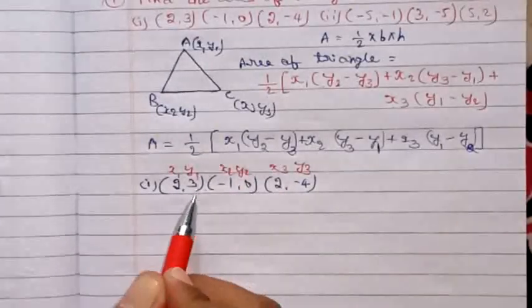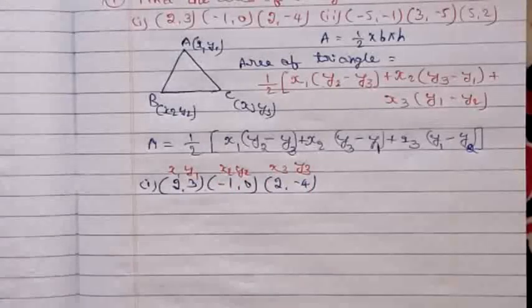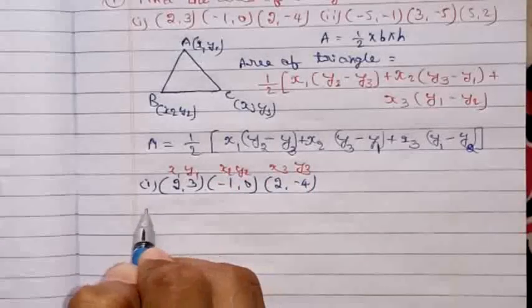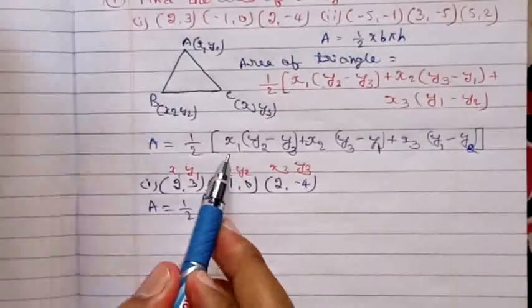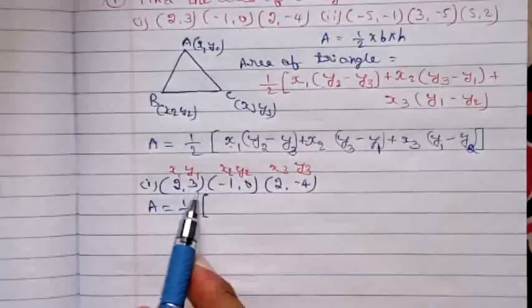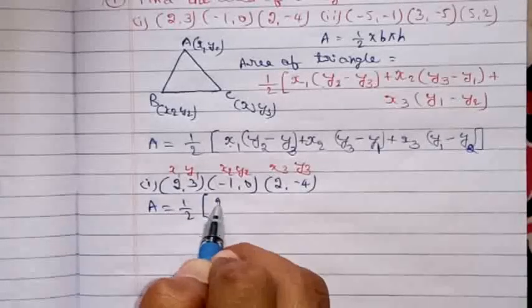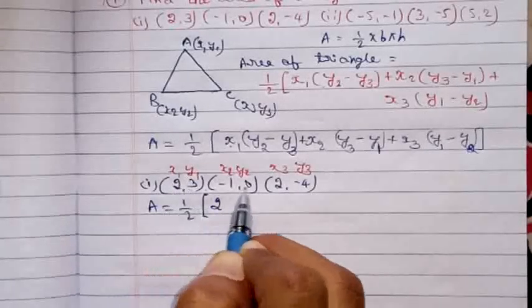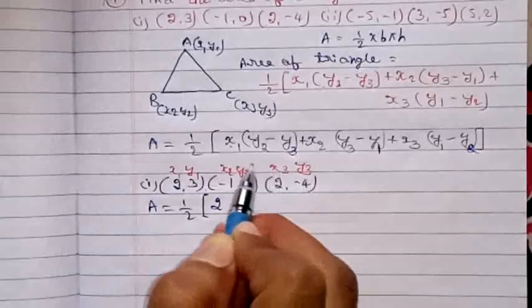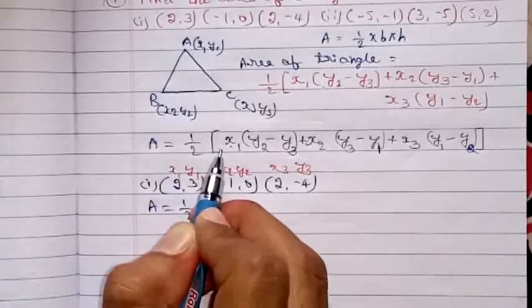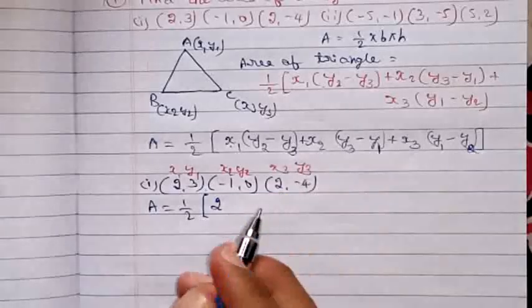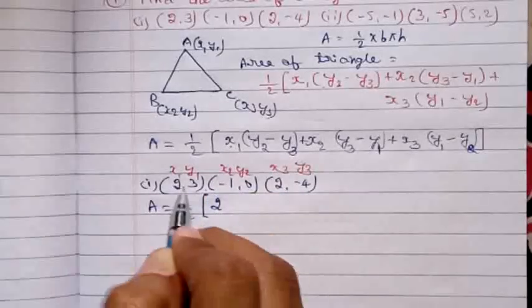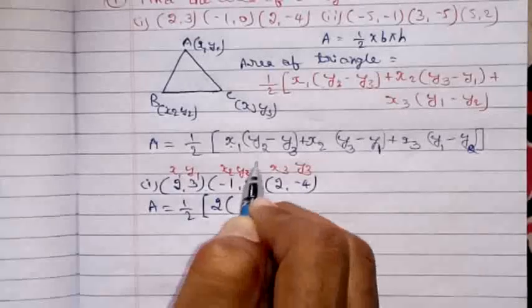Now this is the problem and this is the formula. Just apply the values to the formula. Now A is equal to half into, what is x1 here? x1 is 2. Wherever x1 is there you put x1, likewise y1, y2, y3 and x2, x3. So x1 is 2 into y2.